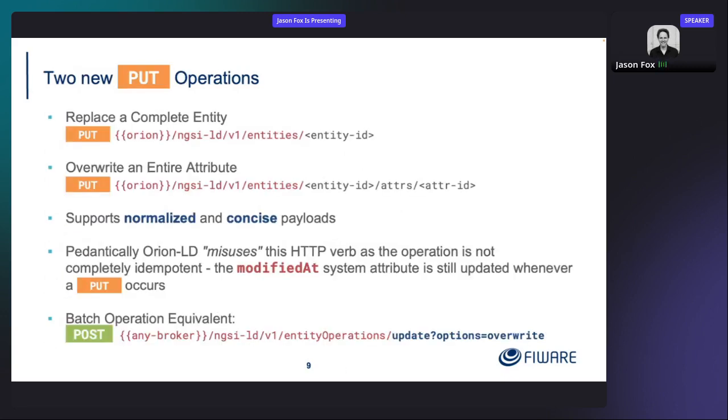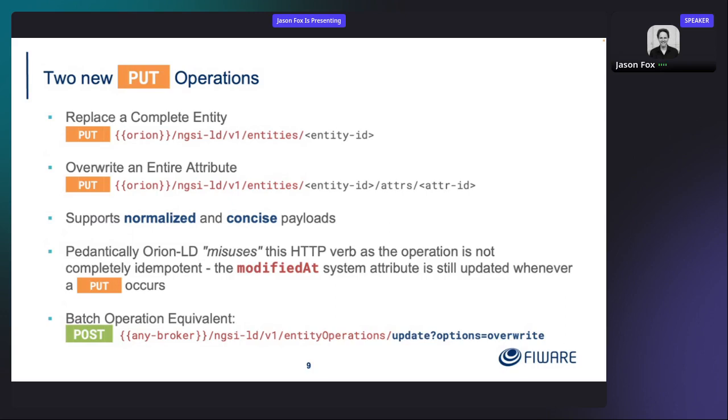The two new put operations are where you would expect them to be. You could either replace an entity or an entity attribute, and it's just an obliterate and overwrite. So you can just say, I have an existing entity with entity ID 1234. I now have a new entity with 1234, and it's got completely new attributes.